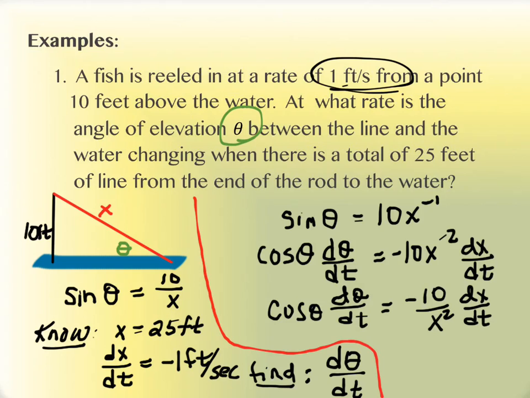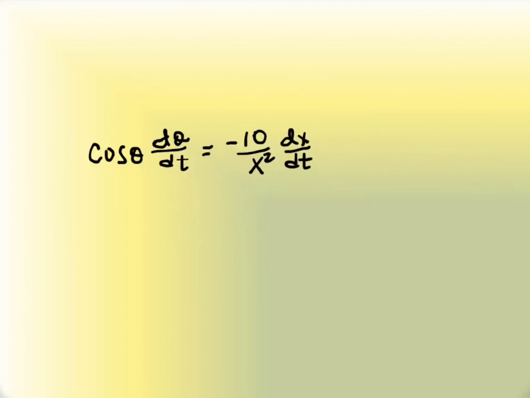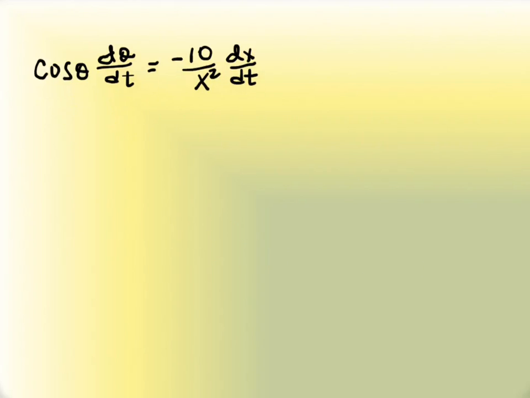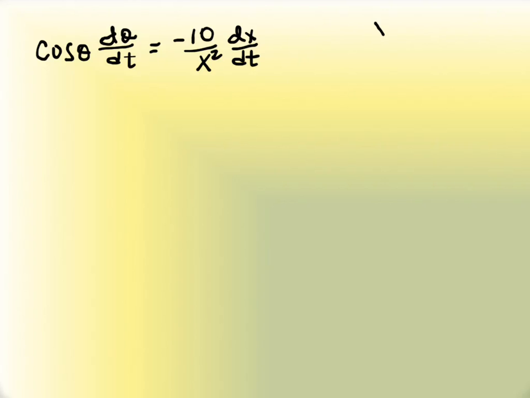So let me pause for a second and get this copied to the next screen, so we have more space to work. Okay, so like we said, we've got x equals 25, dx/dt equals -1. And we need to figure out what θ is going to be so that we can actually solve for dθ/dt. Well, we have a relationship that relates θ and x together, don't we?